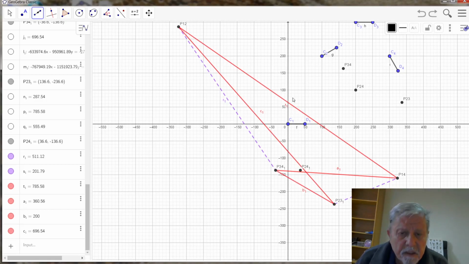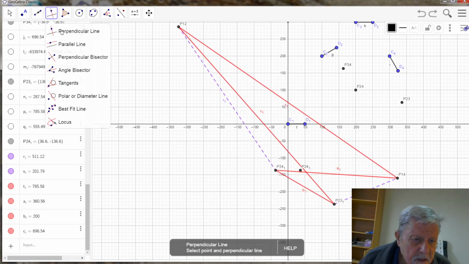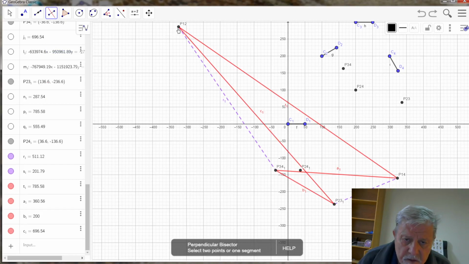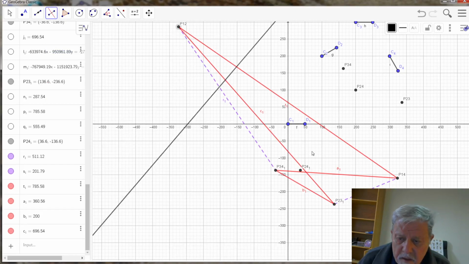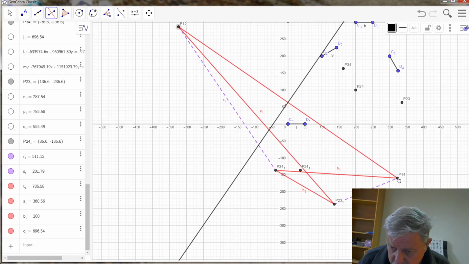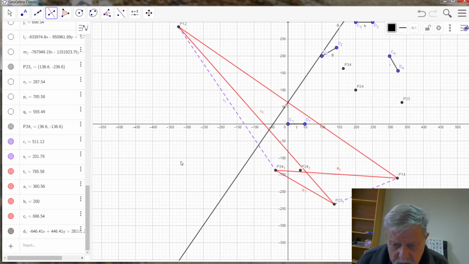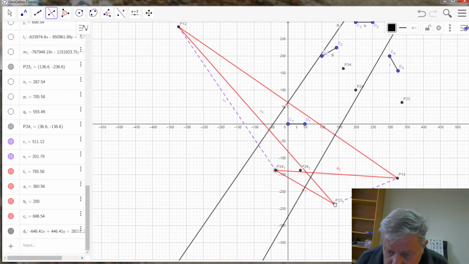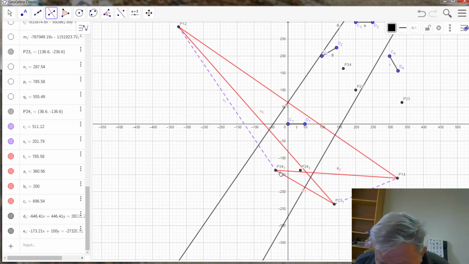I will determine the perpendicular bisectors to these sides. This is the perpendicular bisector to P1 to P14. This is the perpendicular bisector to P341, P231, side 3.